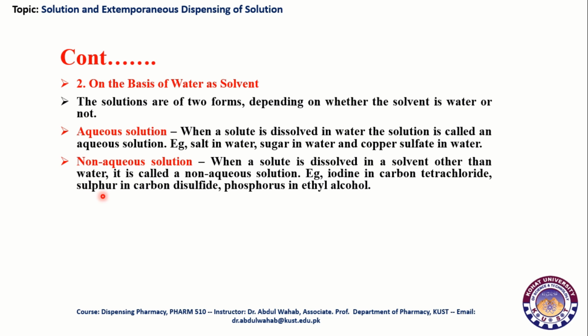Similarly, sulfur in carbon disulfide, phosphorus in ethyl alcohol. So in all these cases, for the dissolution of the different solutes, water is not used. Therefore, we use the term non-aqueous solution.